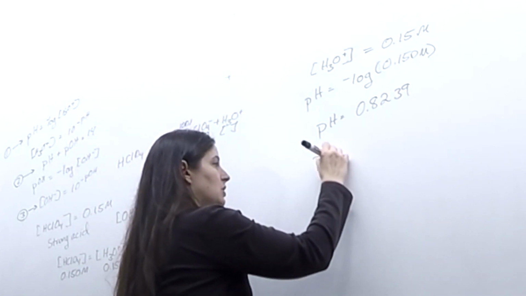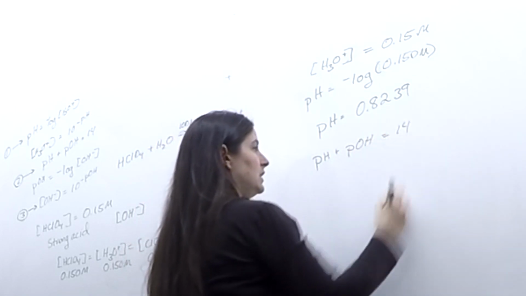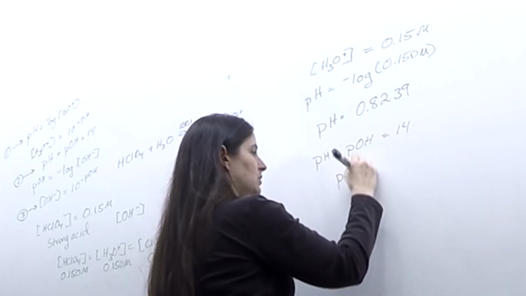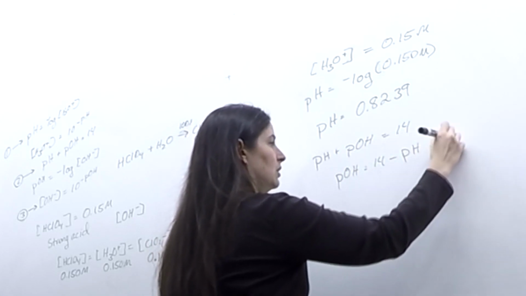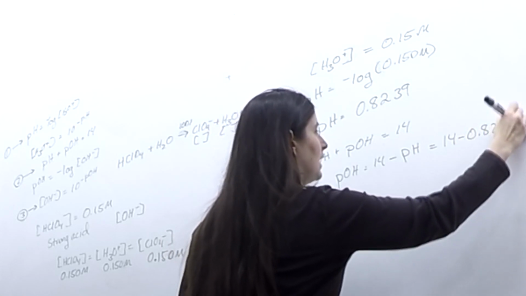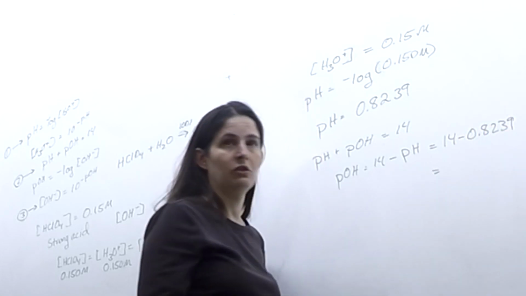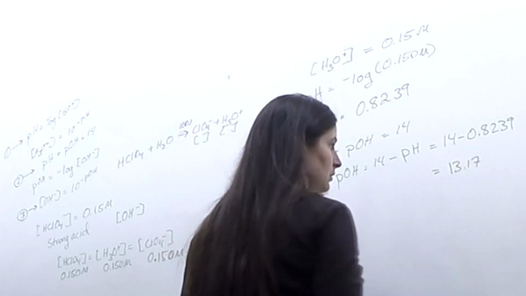Now pH plus pOH is equal to 14. So to get pOH, you take 14 minus your pH, which is 14 minus 0.8239, which is 13.176.